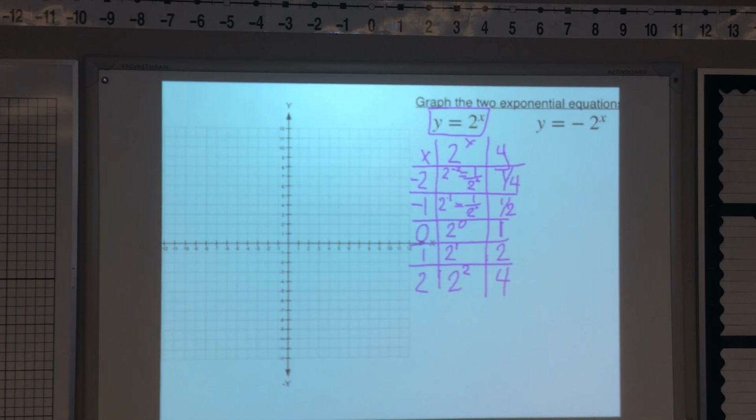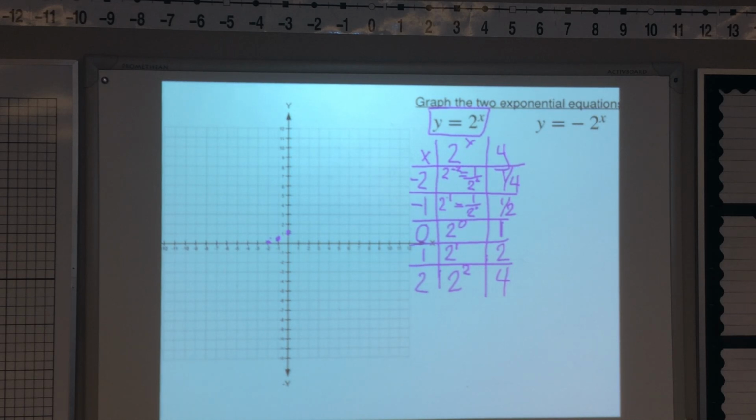So when you graph this at -2, I'm way close to that x-axis. I'm way down at 1/4. When I move to -1, I'm up to 1/2. Not a very big jump. But at 0, I'm up to 1.